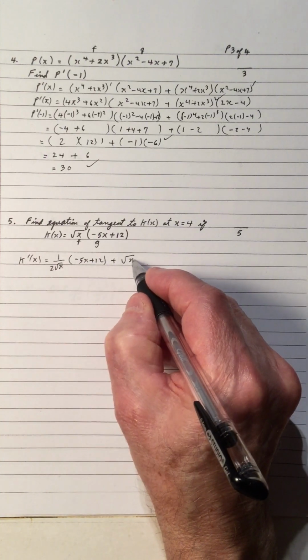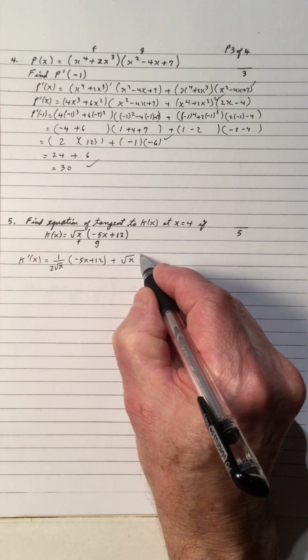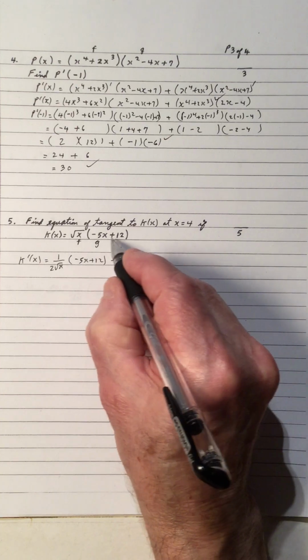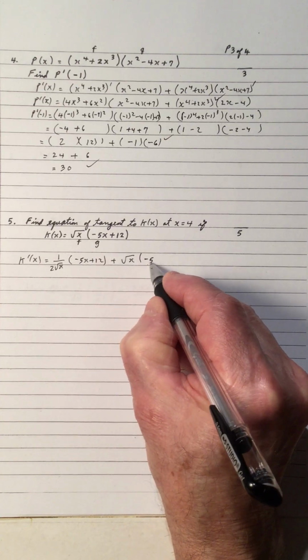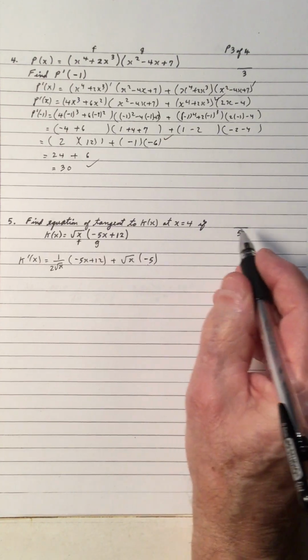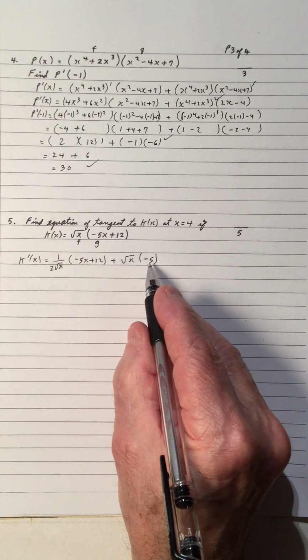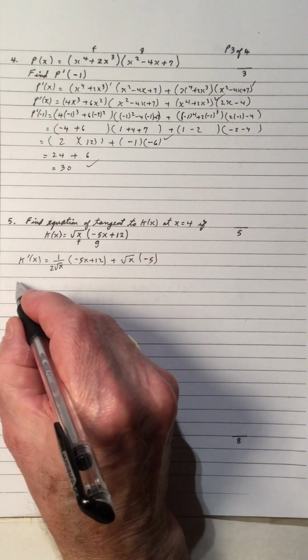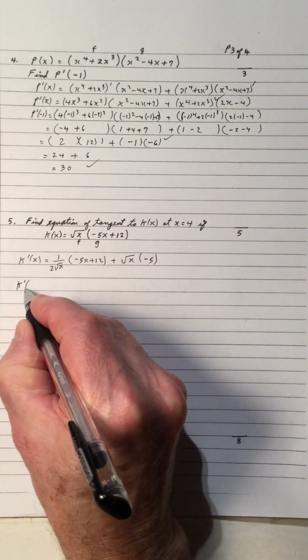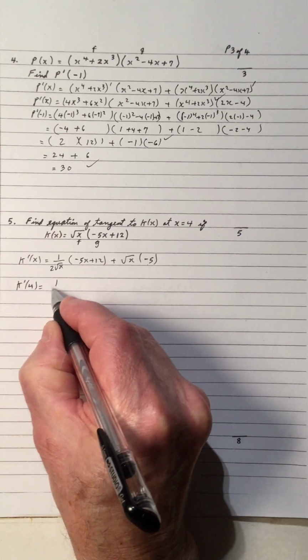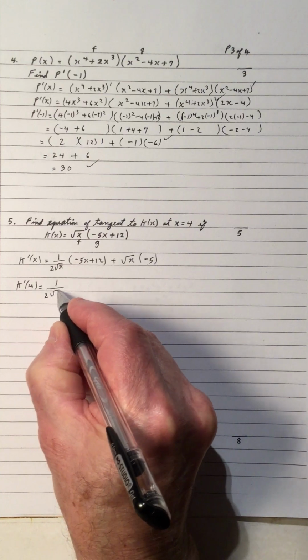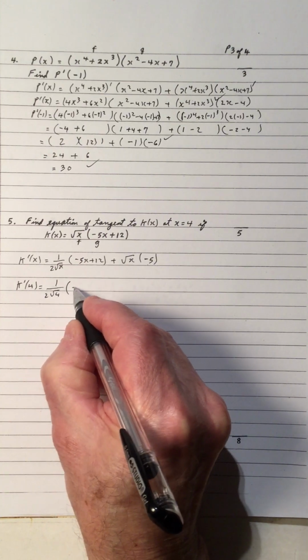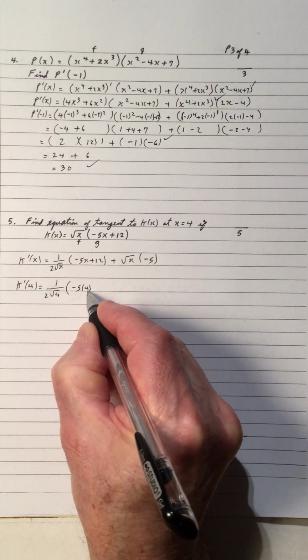Now it's f times the derivative of g. So we get the derivative of g, which is negative 5. So we could simplify that, but we want it at x equals 4. So the derivative of x equals 4, so we put a 4 in the place of x. We take our time and put a 4 in the place of x.